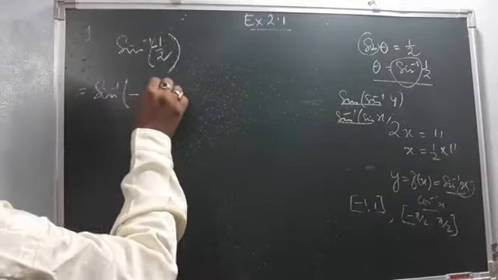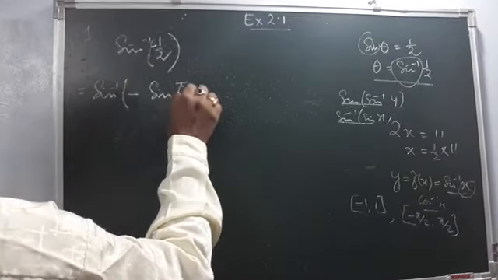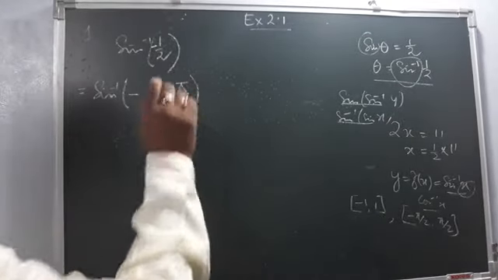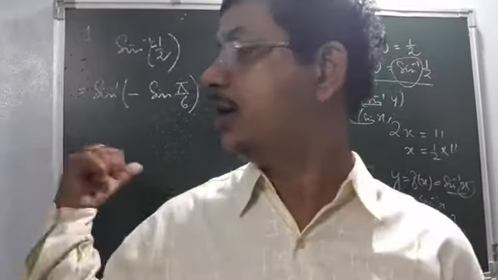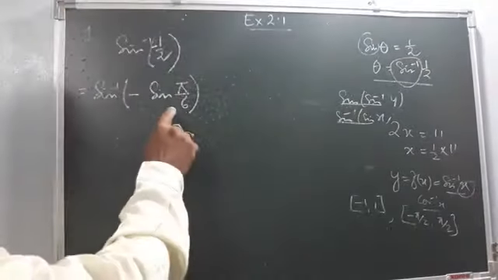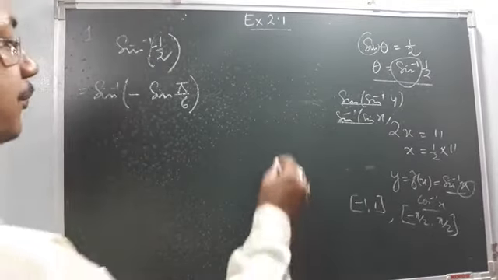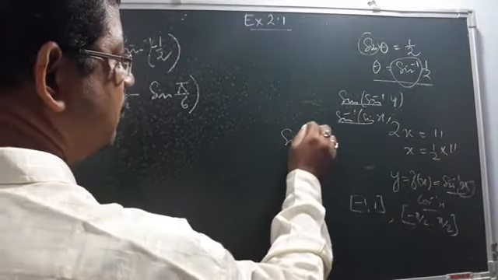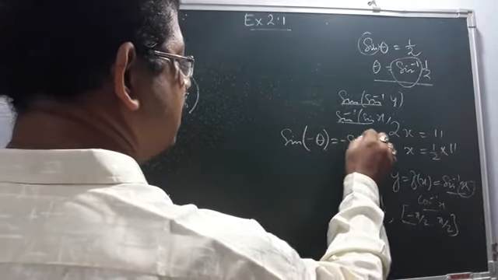We have class 10 knowledge that sine 30 degree, that is sine pi by 6, is half. So instead of half I have written sine 30 degree, that is sine pi by 6. Then another formula we know: sine of minus theta is equal to minus sine theta.